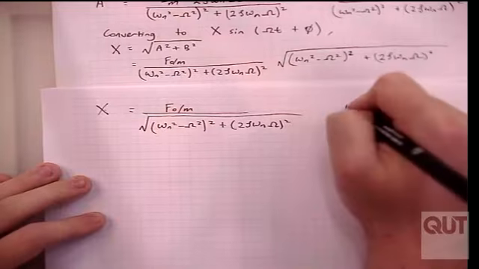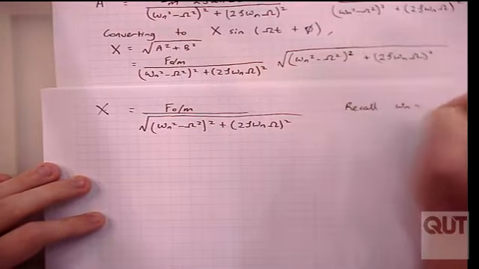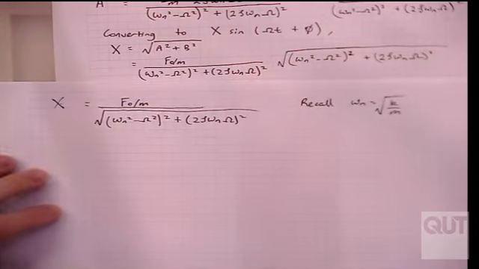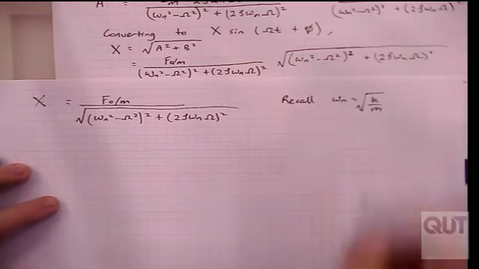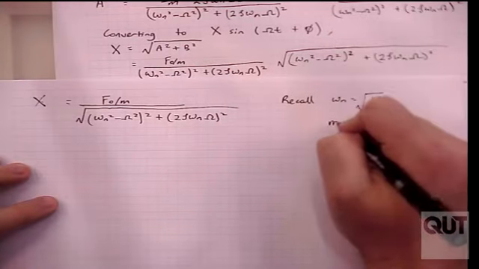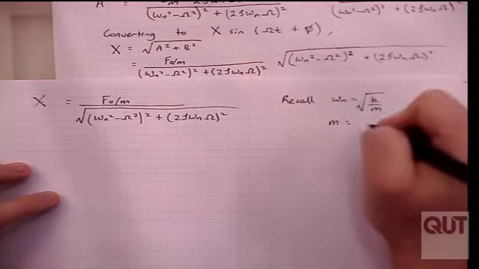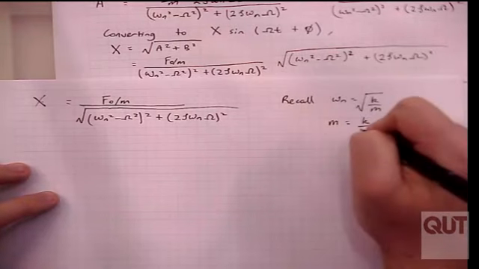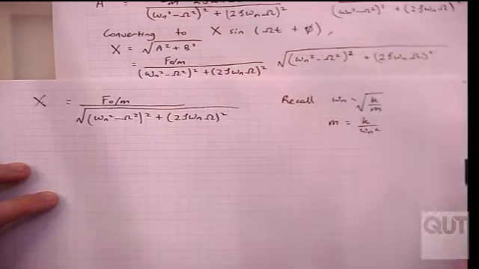So you might recall that omega n is the square root of K on M. So I can replace M with K over omega n squared.